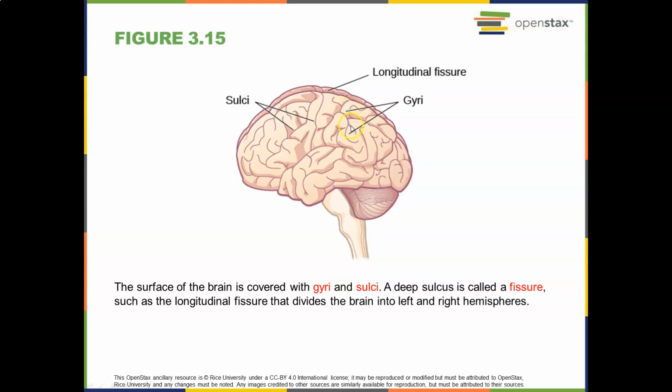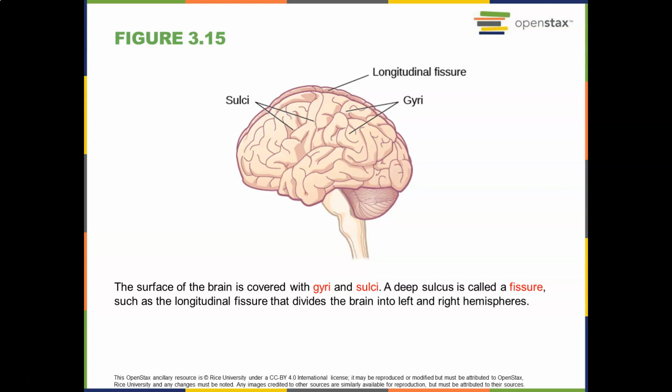One of these is called a gyrus, but more than one is called gyri. Now, the little folds or creases within the brain, the little indents, are called sulci, and one sulci is actually called a sulcus. So just be aware of that.